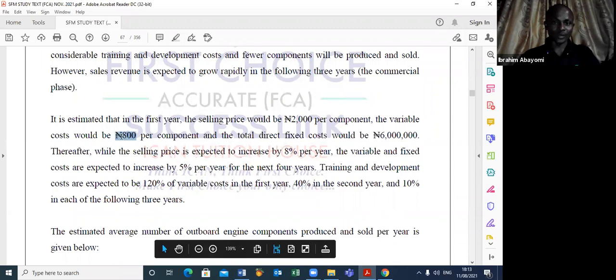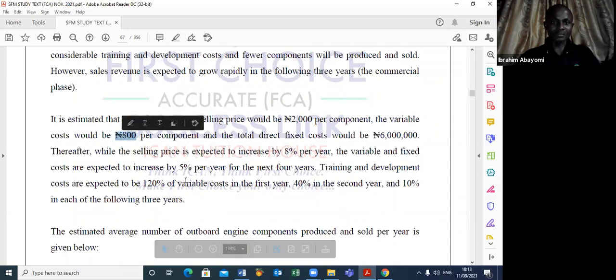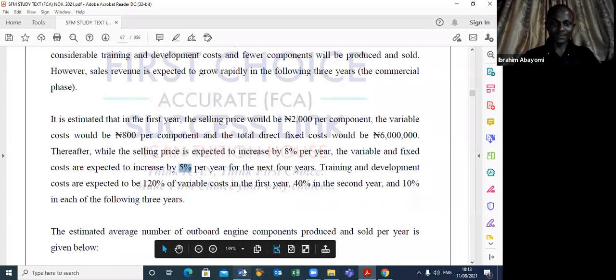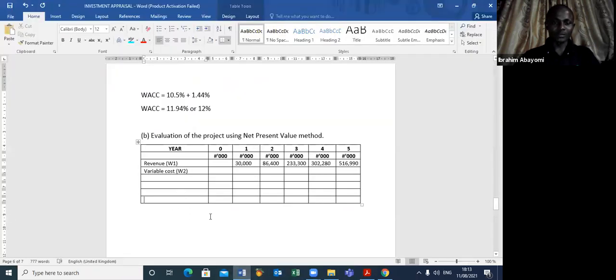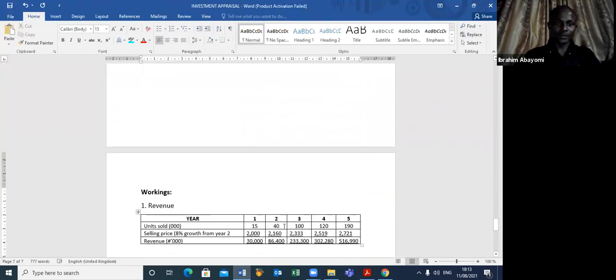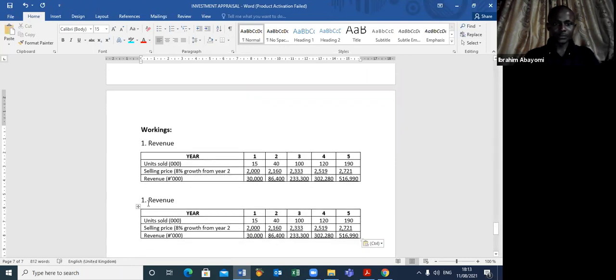Variable cost is 800, and variable cost will increase by 5%. So let's pick that. 800 increasing by 5%. I can just copy this and repeat. Paste. So this is note 2.